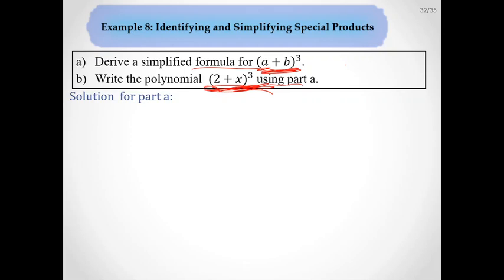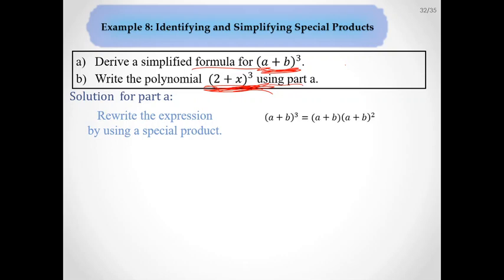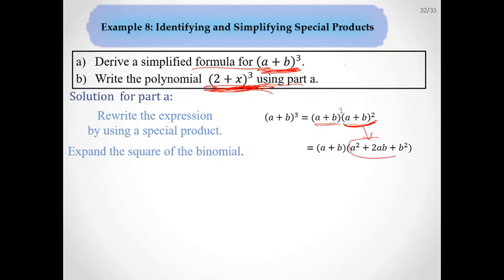For part A, we can do this. The first thing you have to see is this cube means A plus B, its first power, times A plus B squared. Do you know what it is? Yes, this one is A squared plus 2AB plus B squared. Then we can use the distribution law.